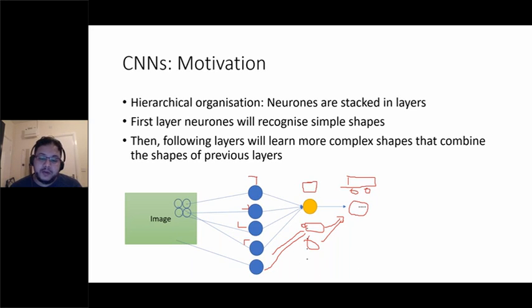For example, if we go very deep, we can have a neuron that is capable of recognizing faces, because a face is a lot more complex. It has an eye, the eye is very complex, the nose, the mouth, maybe the hair, and this one will combine them. It's like we have different stages.